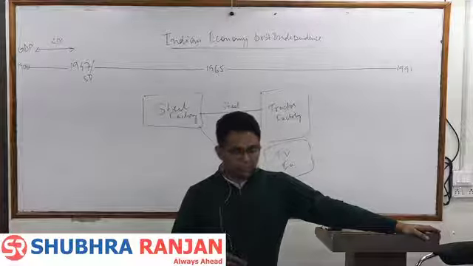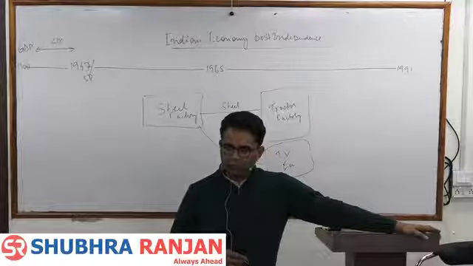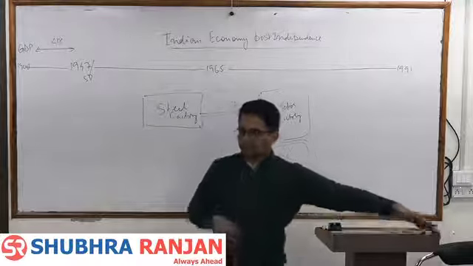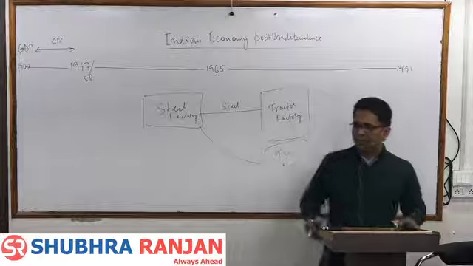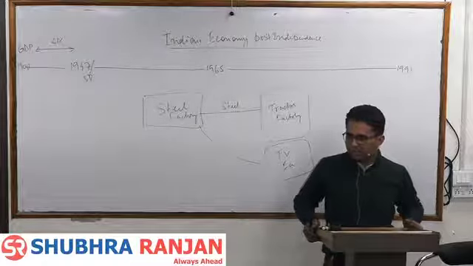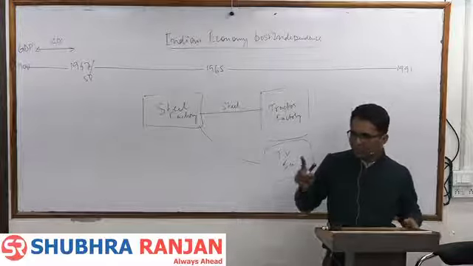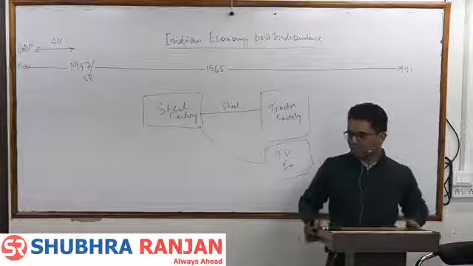These are called wage goods. Wage goods means the wage earner creates the demand for the goods which he himself produces. A labor employed in Maruti plant, so Maruti is not a wage good model because the wage earner will not create the demand for Maruti.